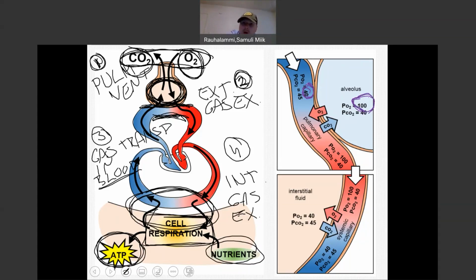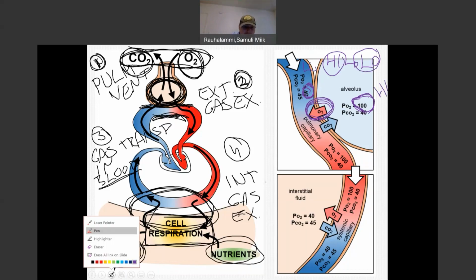You remember we always had this passive diffusion from areas of high to areas of low. So of course the high will be the alveolus of the lung, and the blood will be the low. So oxygen will be moving from the alveoli to the blood within the pulmonary capillaries. The direction is different because of a differing partial pressure.